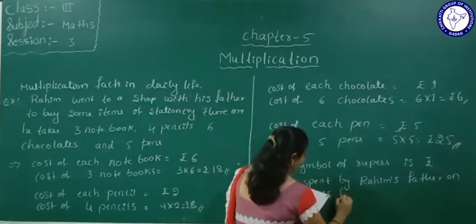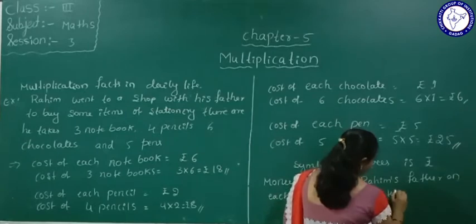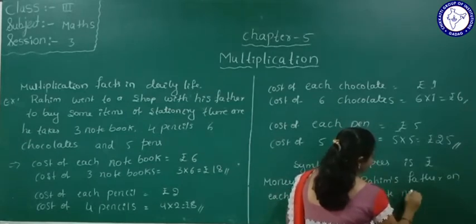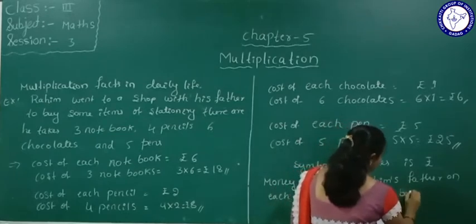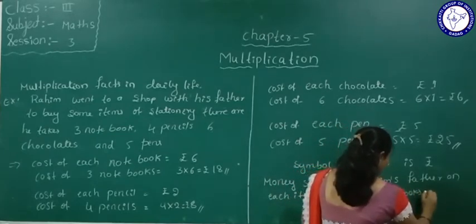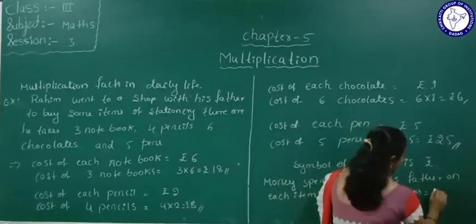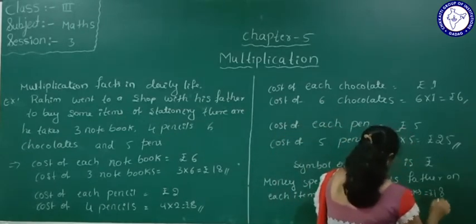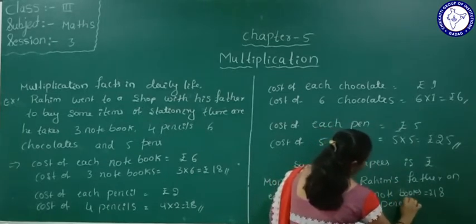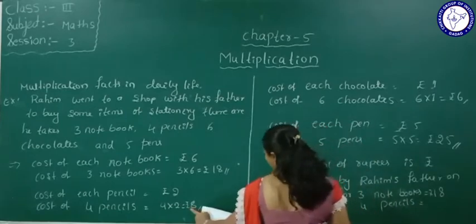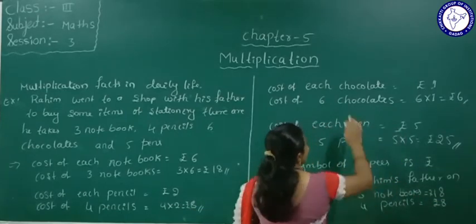For 3 notebooks, how much is it? 18 rupees. Next one, 4 pencils is equal to how much here? 8 rupees. Next one, chocolates.